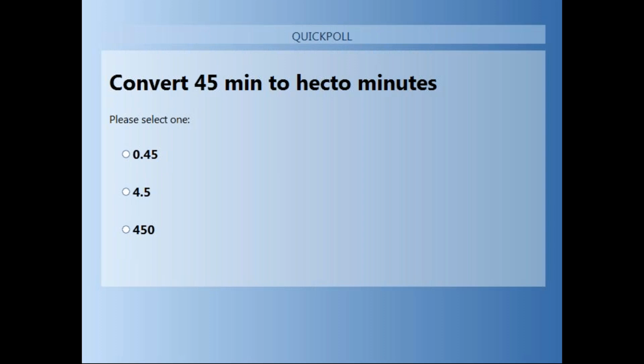Okay, ladies and gentlemen, we're sitting on 43%, 46% have voted. So let's get going, do those calculations, and let us know what your answers are.